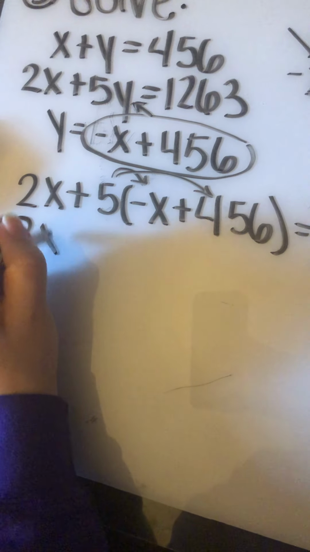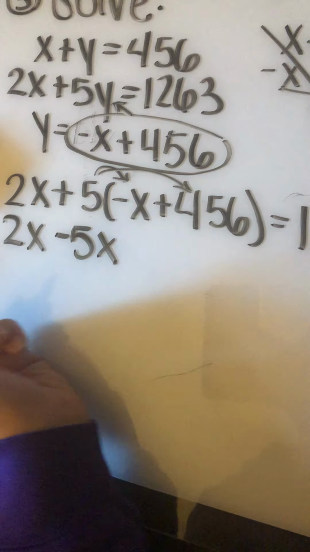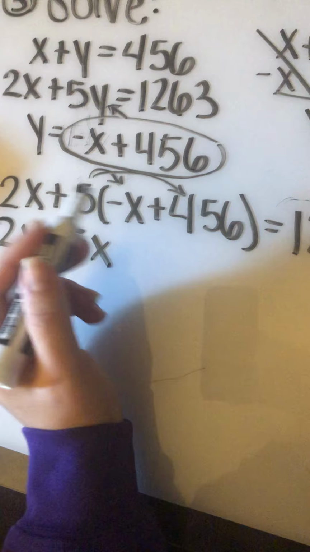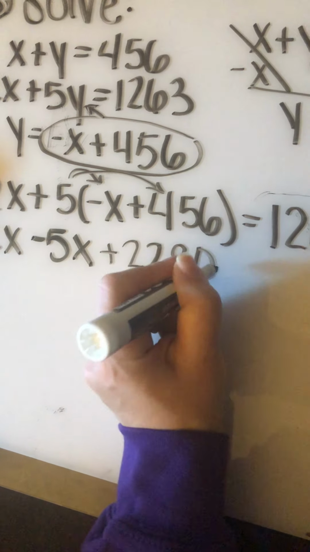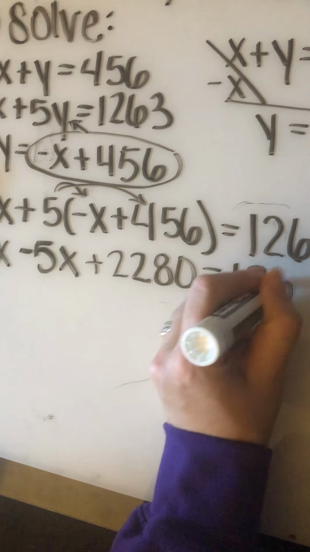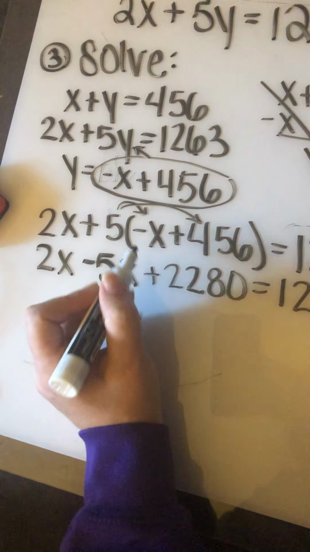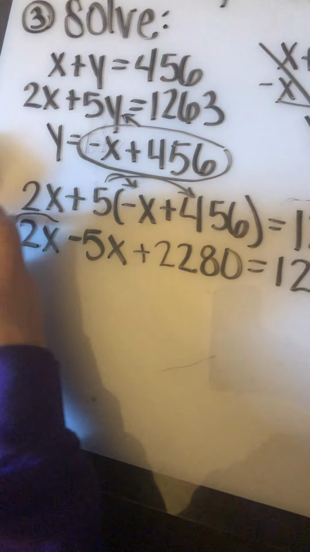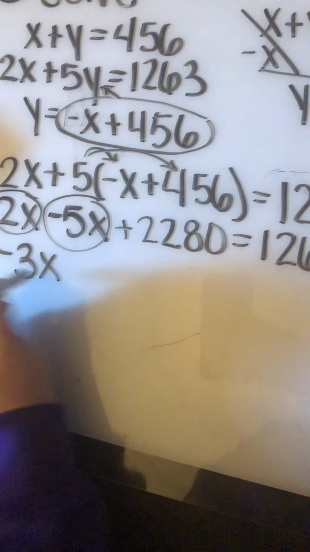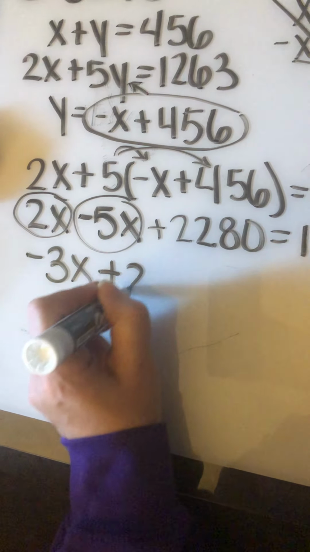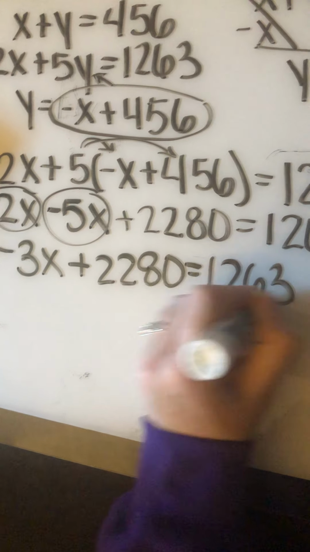So we would get 2x minus 5x because it's 5 times negative x, and then 5 times 456 is 2,280 equals 1263. Okay, once we distribute, we combine our like terms, 2x and negative 5x. 2x and negative 5x will give me negative 3x plus 2,280 equals 1263.